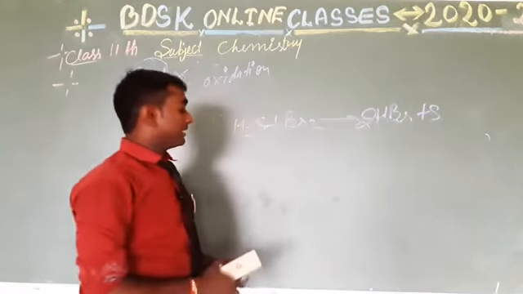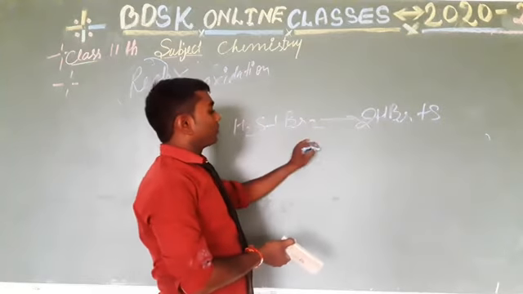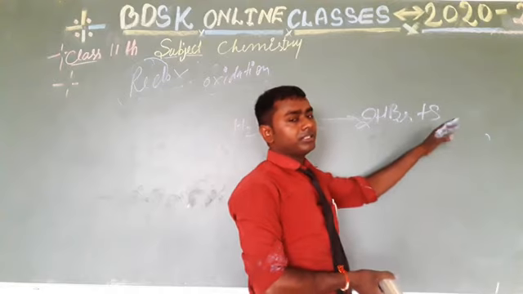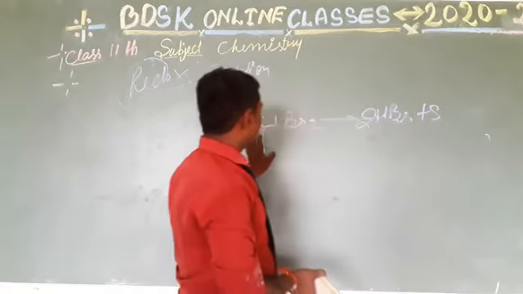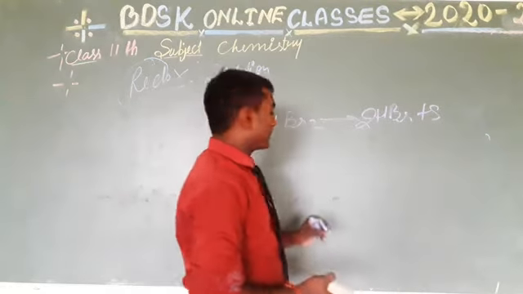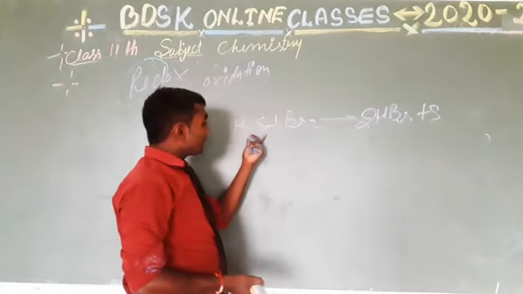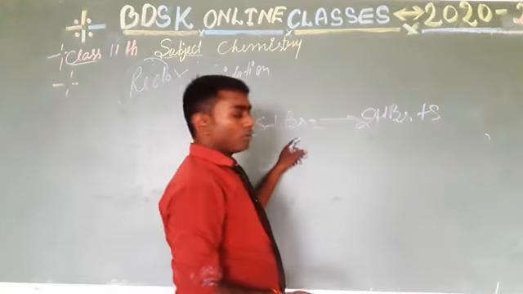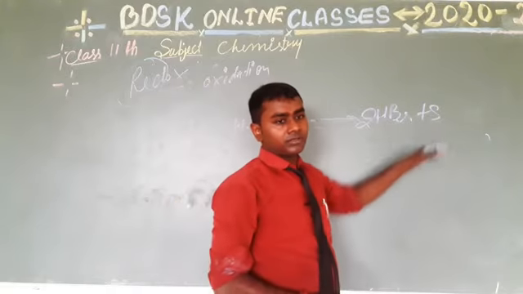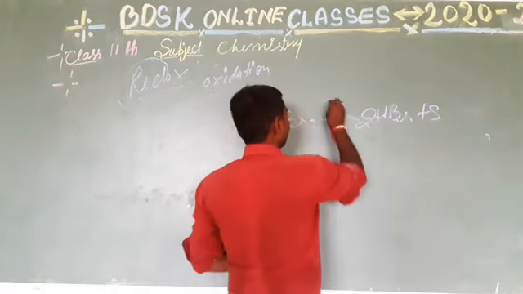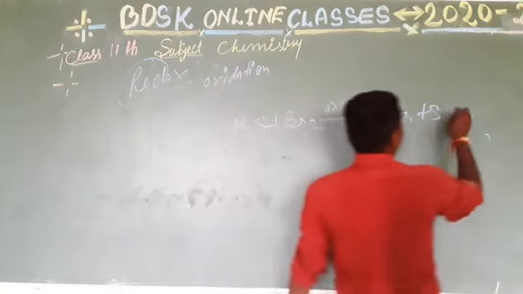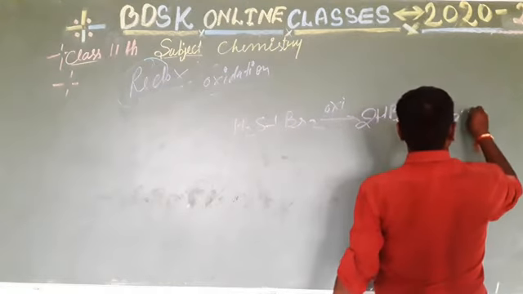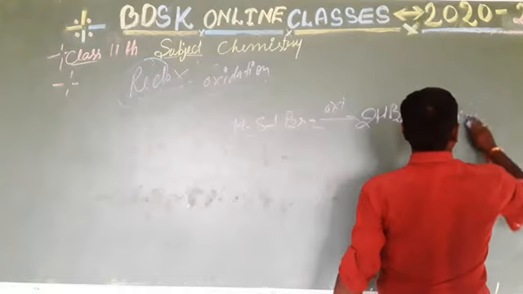In this equation, you can see that when bromine is added with hydrogen sulfide, it forms hydrogen bromide and releases S. So, all of you see that from H2S, the hydrogen is removed, and it forms S. So it is also oxidation because hydrogen is released or removed.